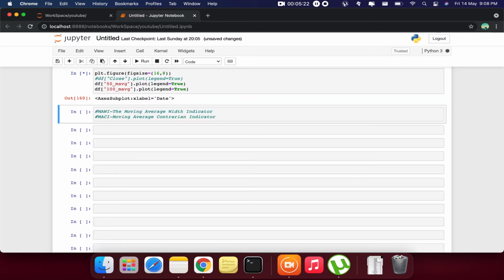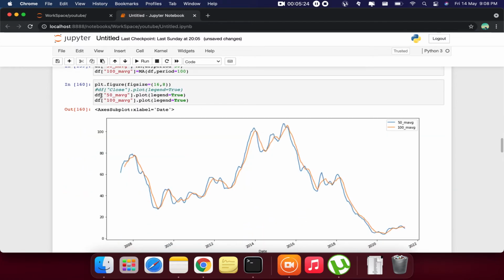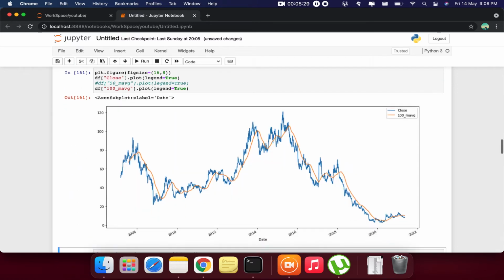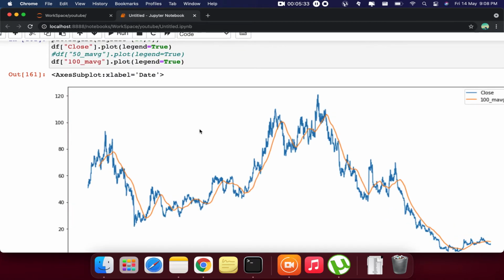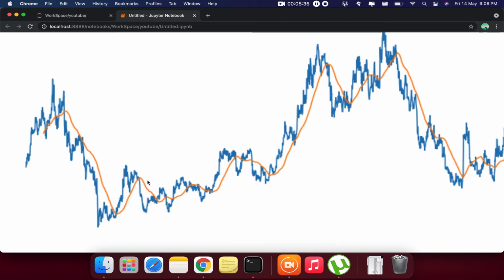Okay, sorry, I forgot to run that. So you will see that the 100-day moving average is obviously much smoother, but also it is less sensitive to the fluctuation points. So if you see now, the small fluctuation that we saw in the 50-day moving average is no more, right?